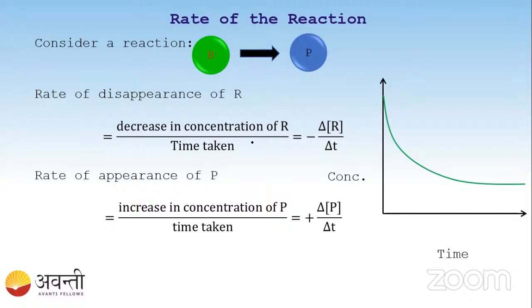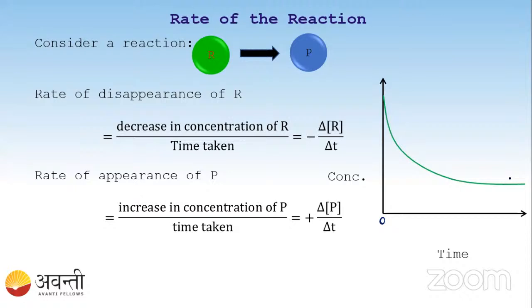Now, as you can see, what is the concentration of the product at initial time? At initial time, it is 0. As you can see in the plot, initially at time 0, all the reactants will be there and products will be 0. Now, when you go on increasing the time, the reactant concentration will be decreasing, and at a certain time the concentration will be completely decreased, becoming 0.